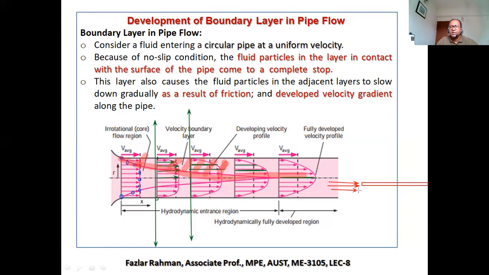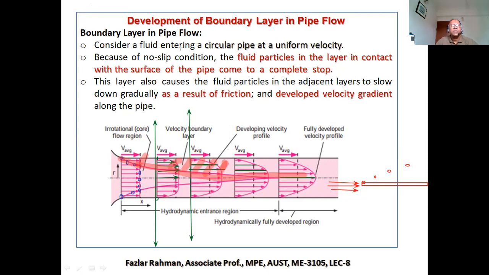Immediately when air hits over here, its velocity will be 0. Then you take right over here, there is still a fluid particle close to your wall or floor, but a little bit away from the floor, it will travel this much, and farther away, it will travel a greater distance.